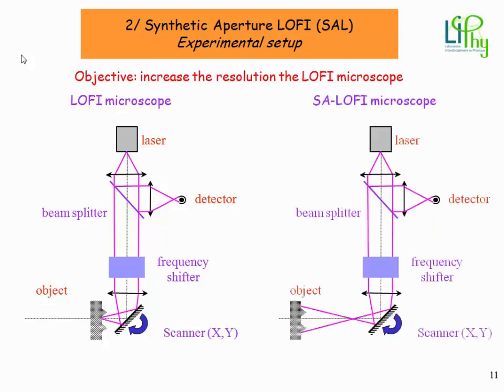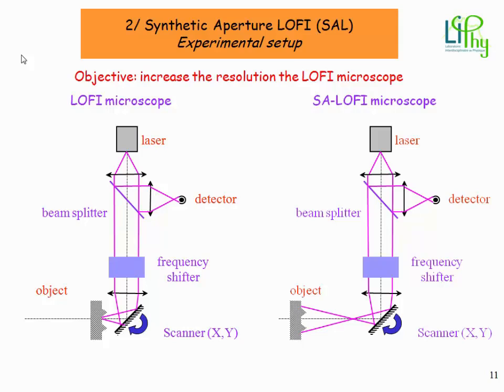But now, what happens if we increase the measurement distance, if we move the object away from the focal plane of the lens? By doing this, in fact, we have exactly the same experimental conditions as those previously mentioned when we spoke about the synthetic aperture radar. But now the radar source is just replaced by the focal spot of the laser beam, which is here.